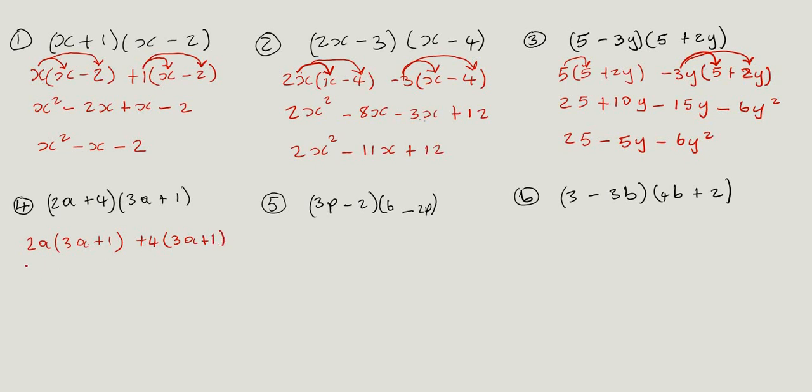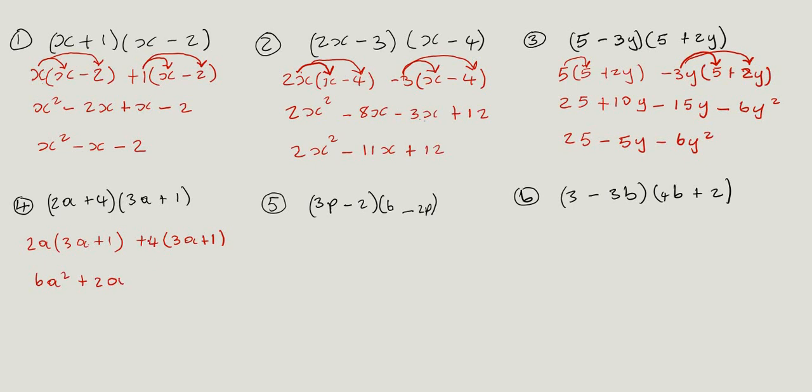Then we're going to apply the distributive property. So we're going to use this 2a to multiply each term in this bracket. So 2a times 3a, that's going to give us 6a squared. Then 2a times a positive 1, that's going to give us positive 2a.